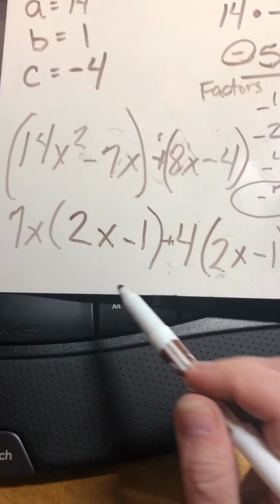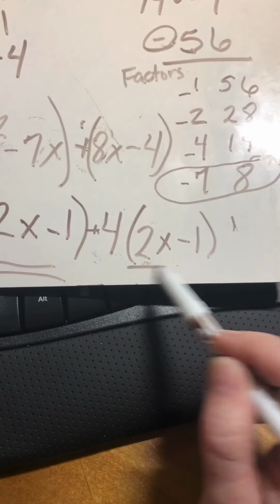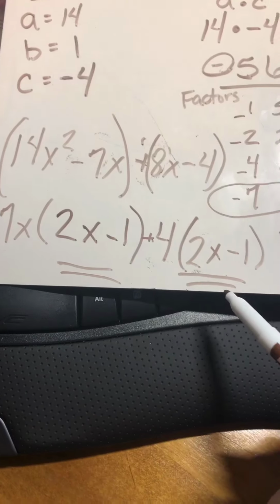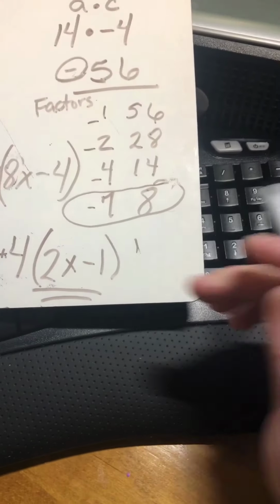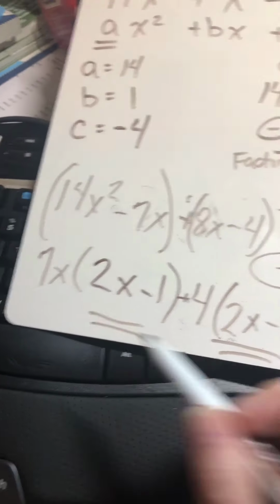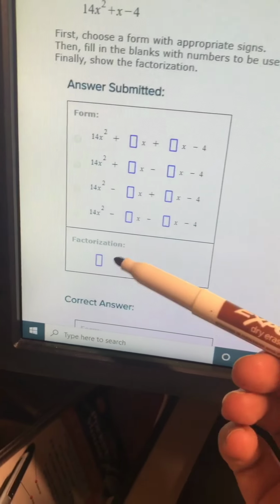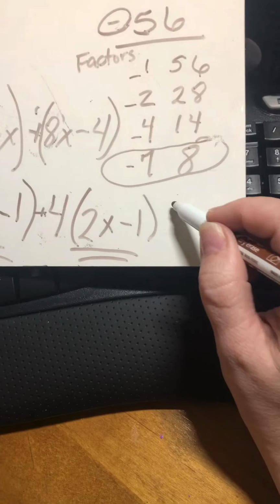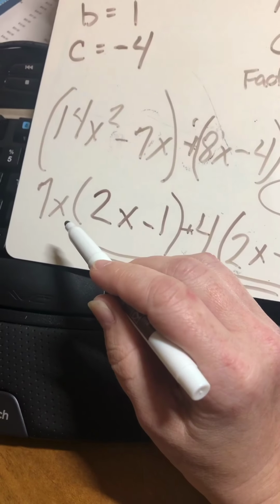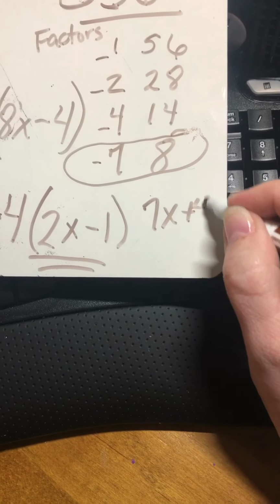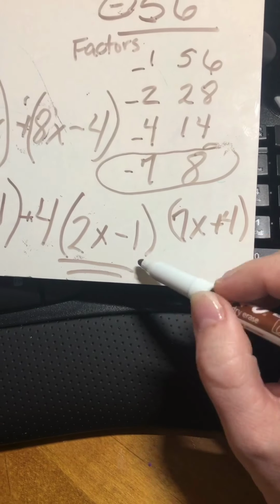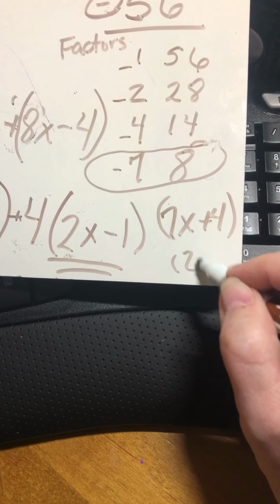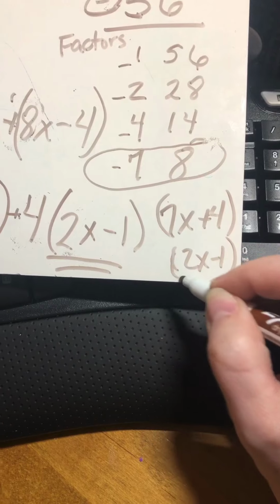So if you've grouped it correctly, what you have left in the parentheses with both of these should be exactly the same. And that's one factor. So when you write it in your answer box up here, okay, the factorization right here should be 7x, that's the number out front here, plus 4 in parentheses, and the other parentheses is going to be 2x minus 1.